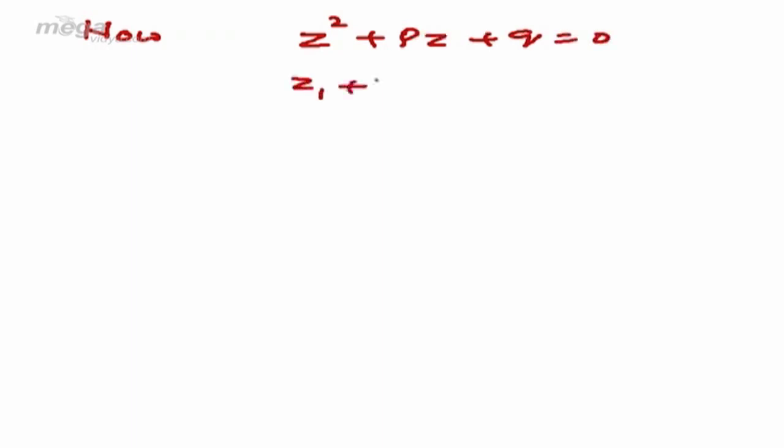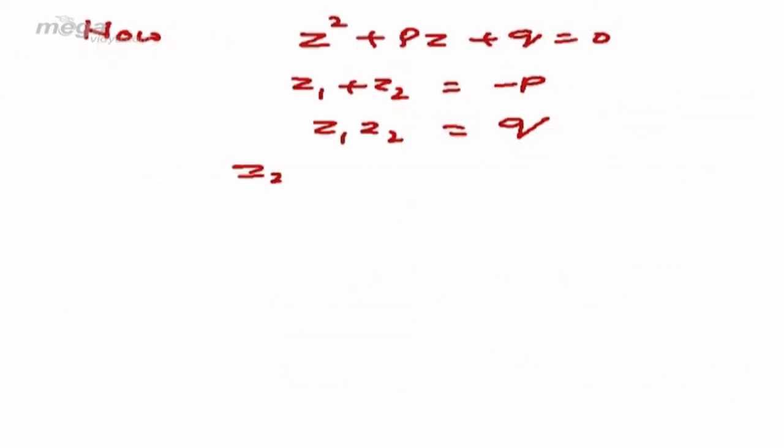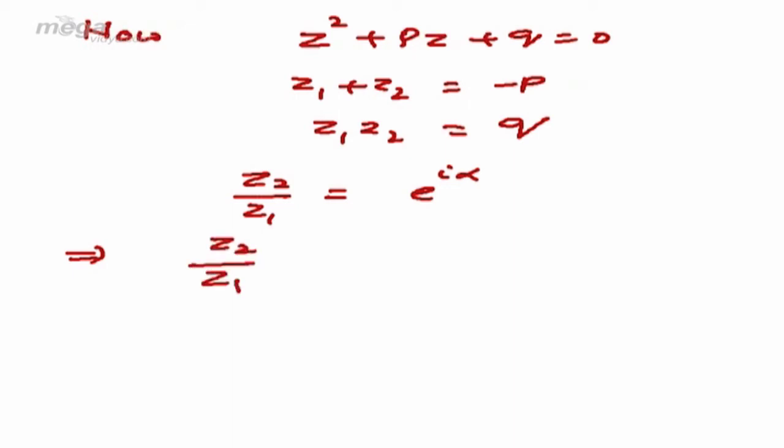So Z1 plus Z2 is equal to minus P, and Z1 into Z2 is equal to Q. Z2 by Z1 is equal to e to the power i alpha, this is equation number 1. If we add 1 on both sides, this will become Z2 by Z1 plus 1 is equal to e to the power i alpha plus 1.